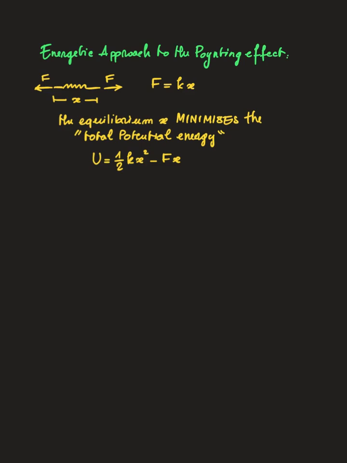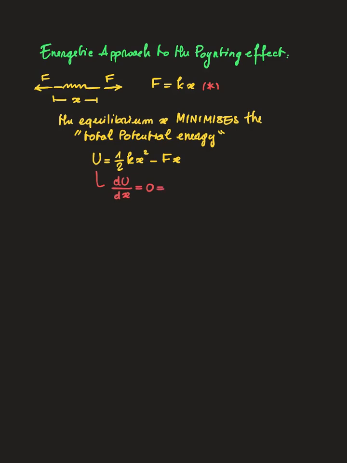Now, in fact, it is easy to show that at equilibrium, the force and the elongation must be related by this expression. This is immediate, because if U has to be minimized, then you have to impose that the derivative of U relative to x has to be equal to 0.